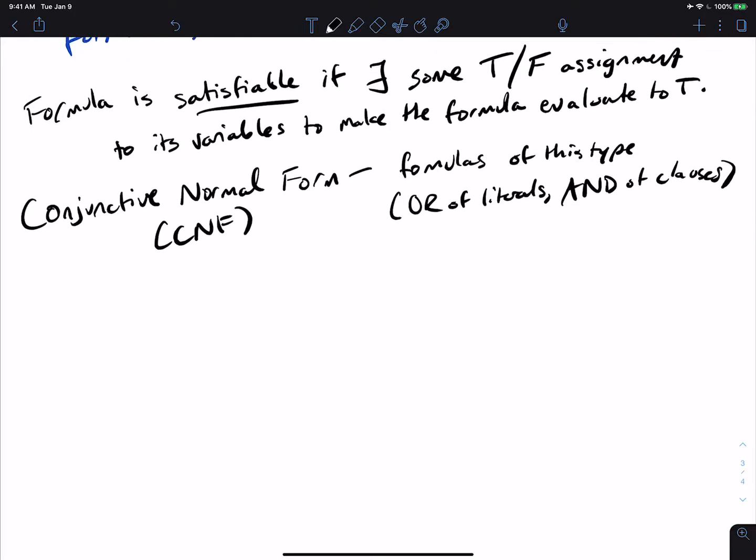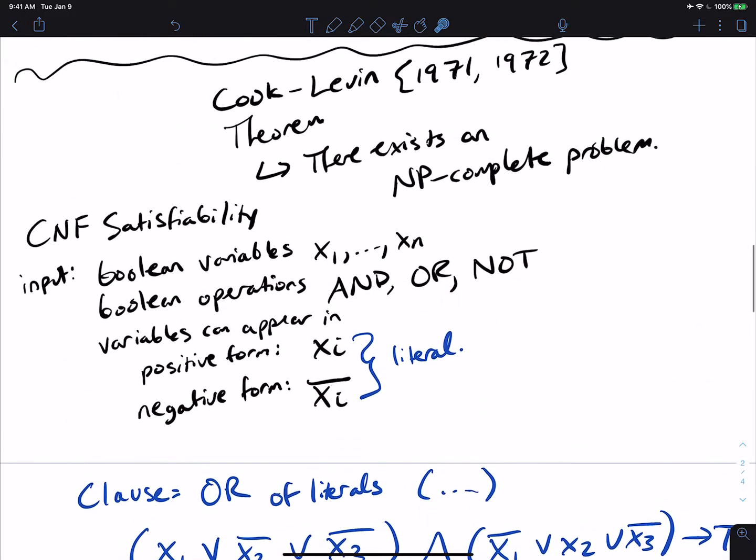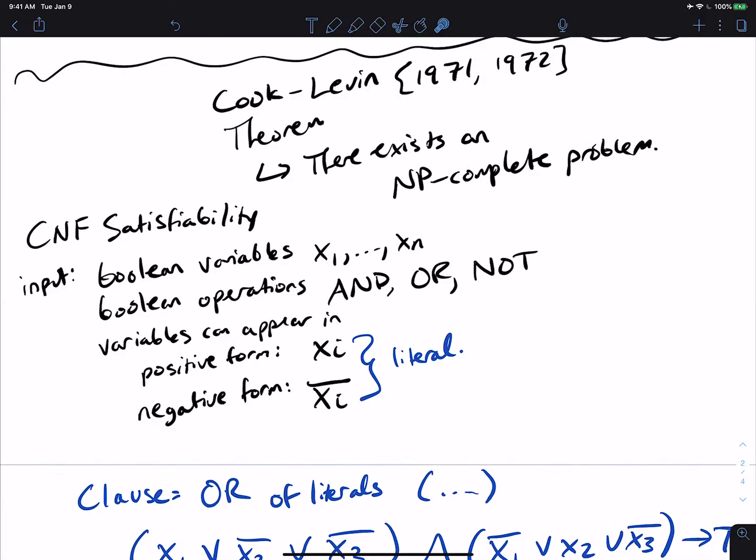Okay, and there's a special reason why you would want something in conjunctive normal form. The reason is that the runtime is actually significantly faster than if we just had any Boolean formula. So what they actually proved was something more along the lines of a satisfiability problem, where you can be given any formula as long as it's a Boolean formula.